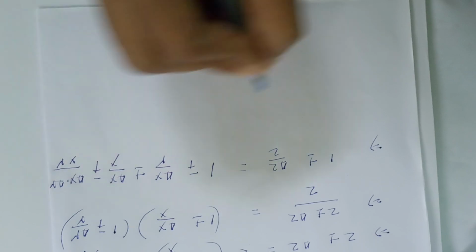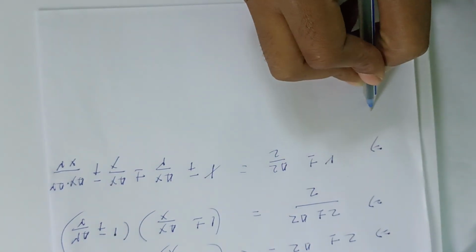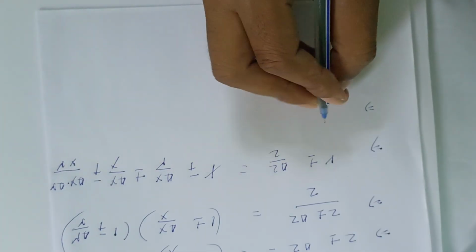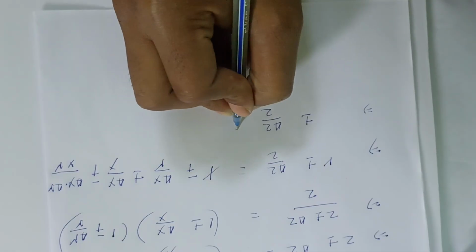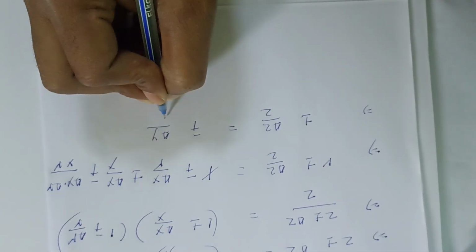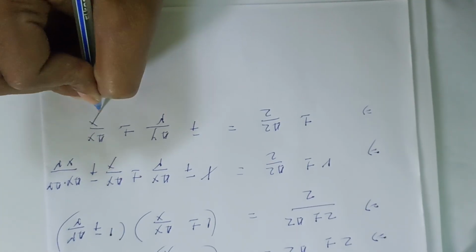This 1 cancels, and this is very small, so negligible. So we can write plus minus del z by z equal to minus plus del y by y plus minus del x by x.